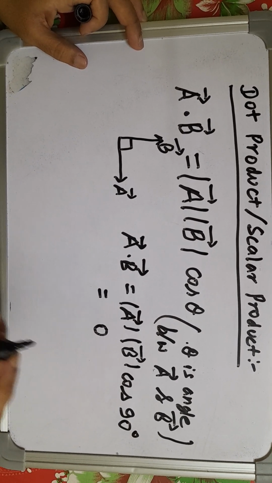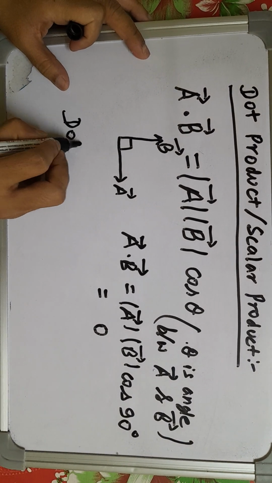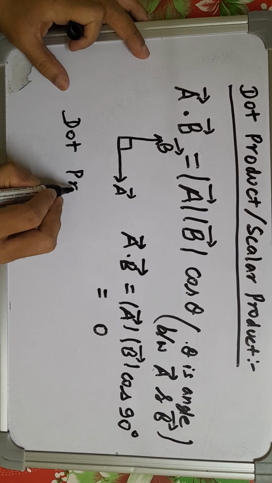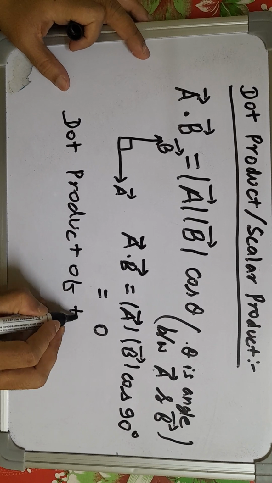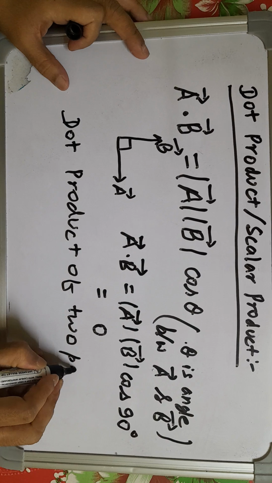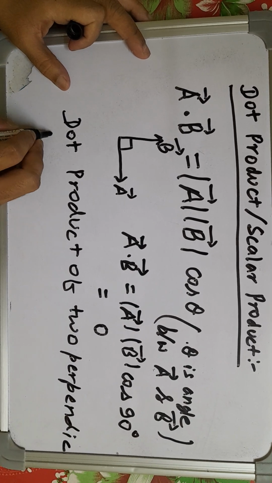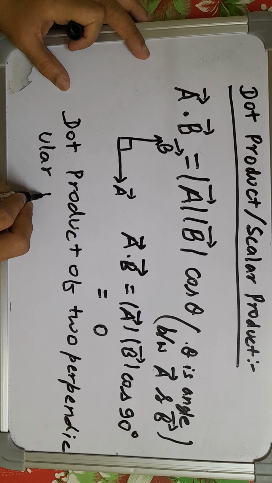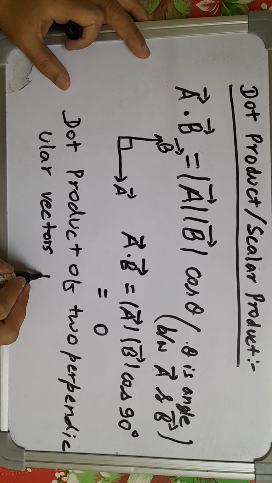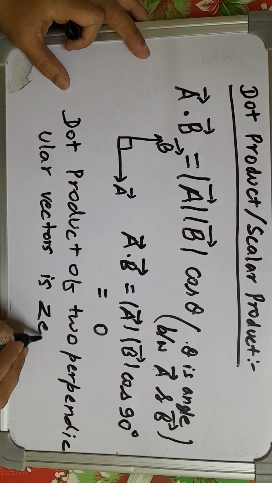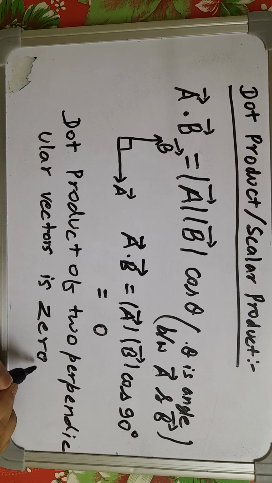So the dot product of two perpendicular vectors is 0.